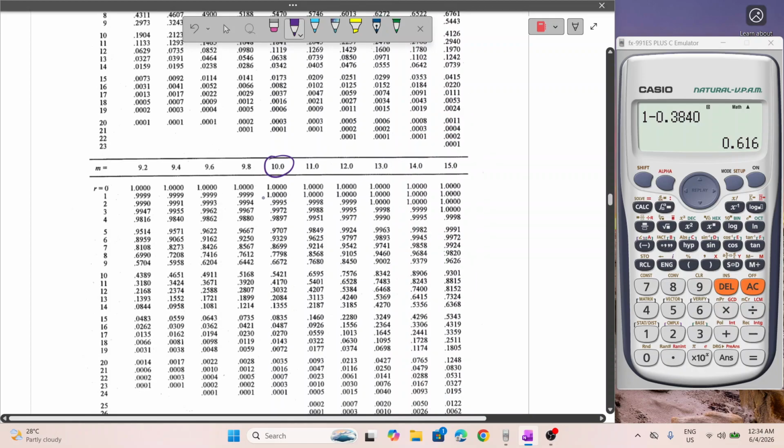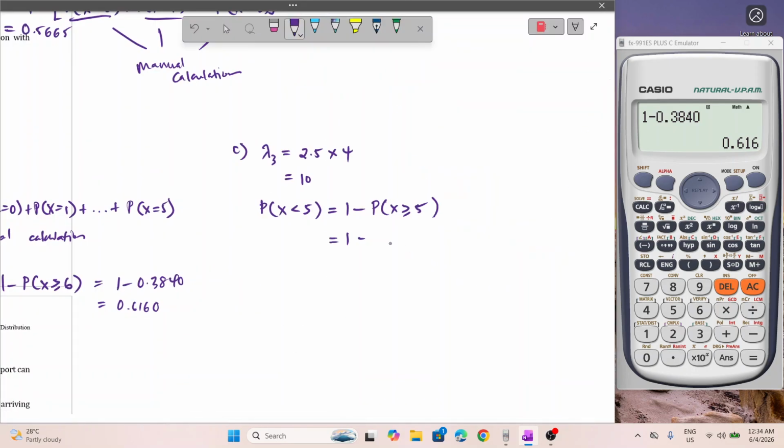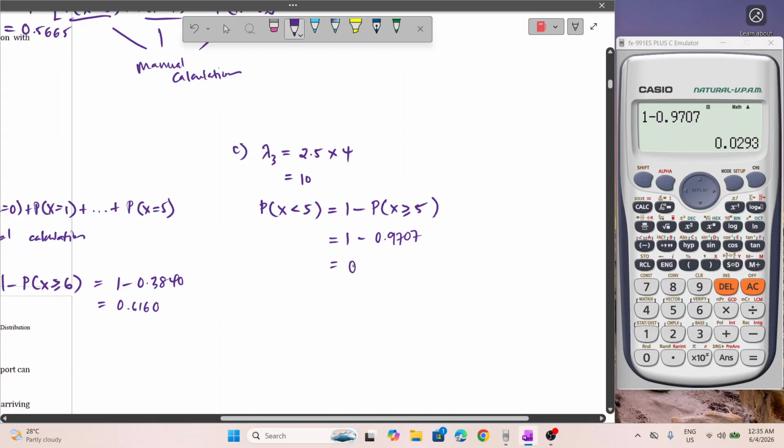So this is 10 and x is greater than or equal to 5. So the value is 0.9707. Go back to our module and this is equal to 0.9707. So 1 minus 0.9707 equal to 0.0293.